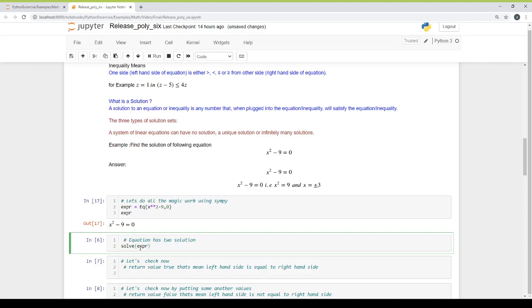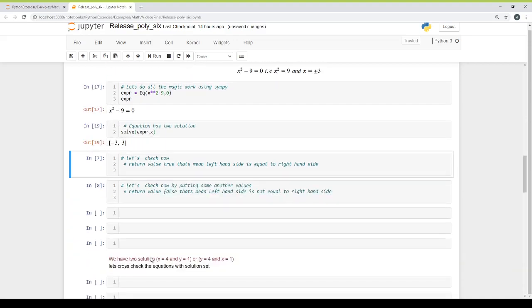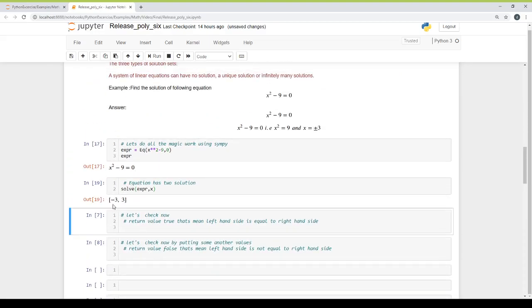The first argument, which is mandatory, is the expression. Shift enter and it will return the values of x which satisfy the equation. We can pass the second argument, the variable x, for which we will find the values, and this solution set will satisfy the equation. So this equation has two solutions, one is minus 3 and the second is 3.